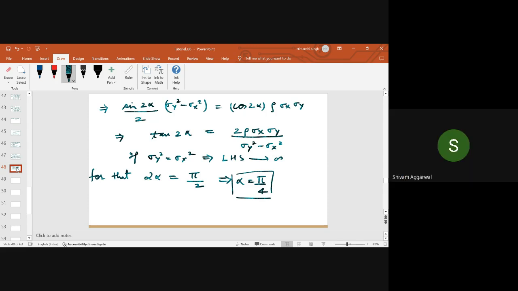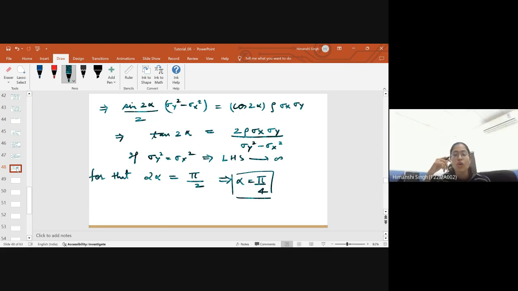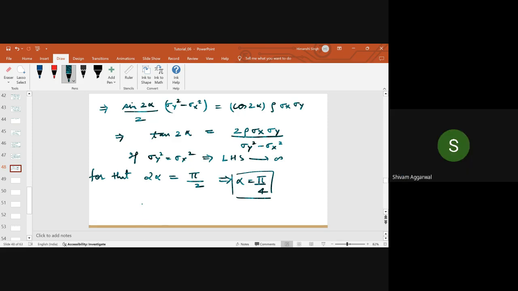Then the equation will come down to cos 2 alpha into rho into sigma x sigma y equal to 0. So cos 2 alpha will go to 0 then.